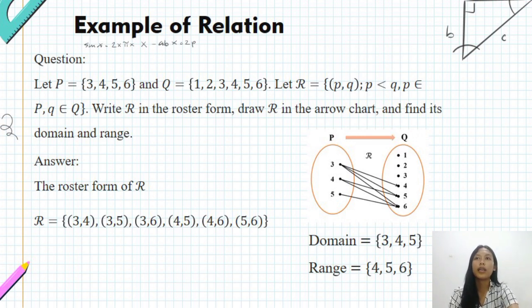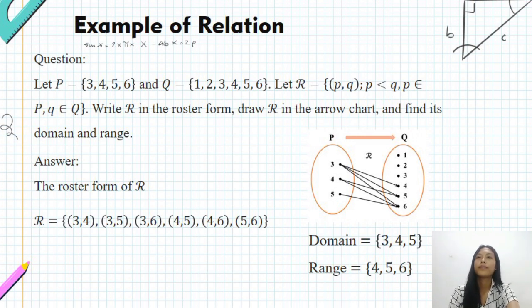Let R be equal to the set of (p, q) where p is less than q, p is an element of P and q is an element of Q. Write R in roster form. Draw R in an arrow chart and find its domain and range.